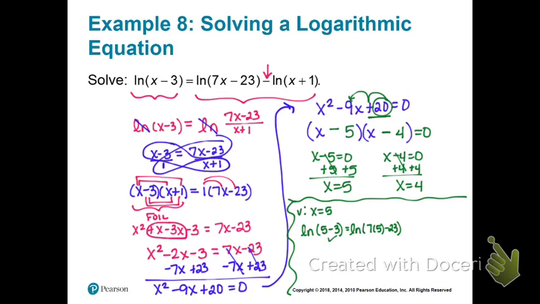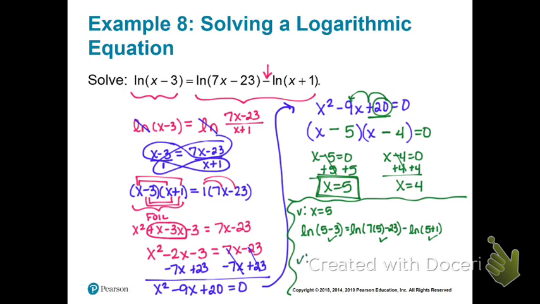That's 35 minus 23, which is positive, so we know that it's okay. It comes out to be 12. We know 35 is bigger than 23, so when we subtract it, we get a positive number. And then we had minus the natural log of x plus 1, which is 5 plus 1, that's 6. Is that okay? Yeah. So 5 is definitely a solution.